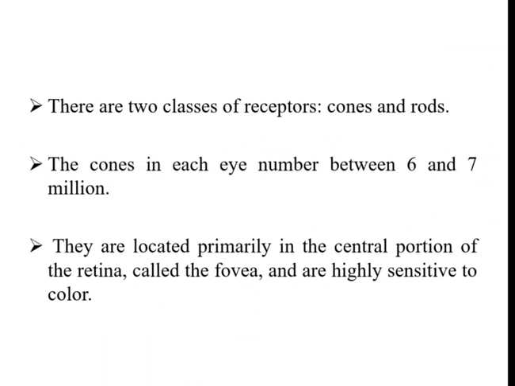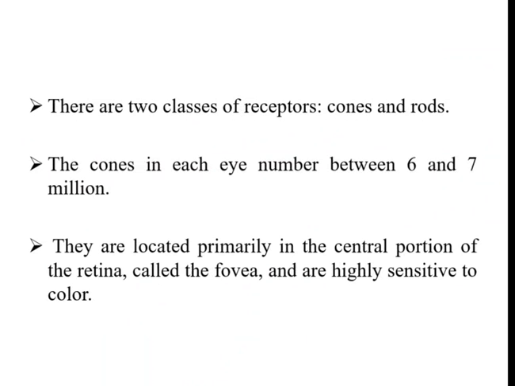The cones in each eye number between 6 to 7 million. They are located primarily in the central portion of the retina, called the fovea, and are highly sensitive to color.